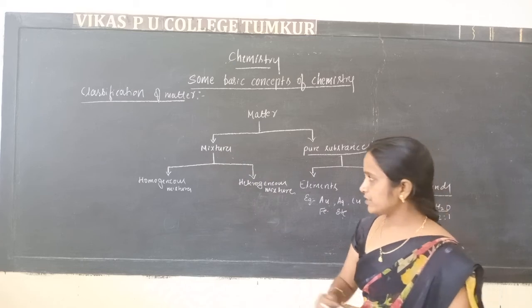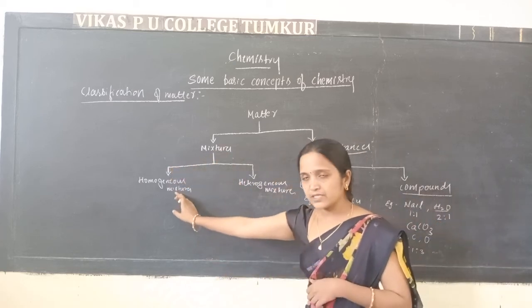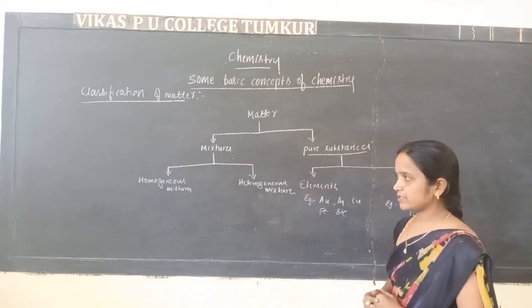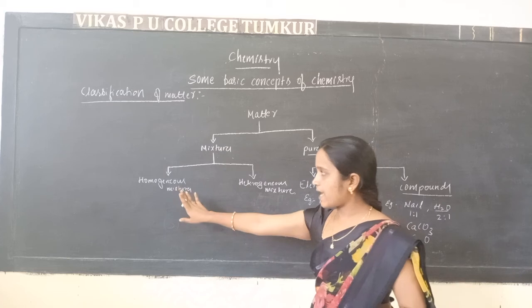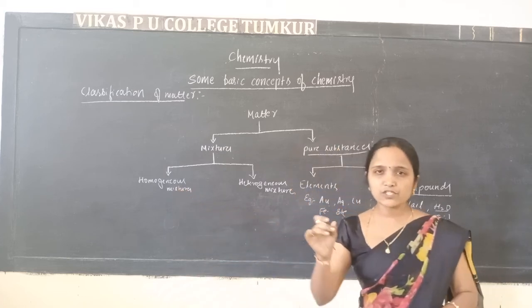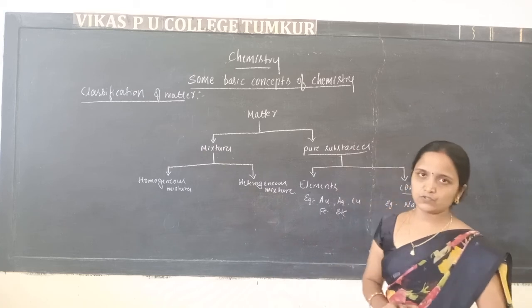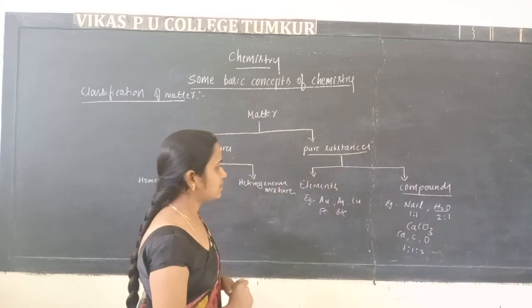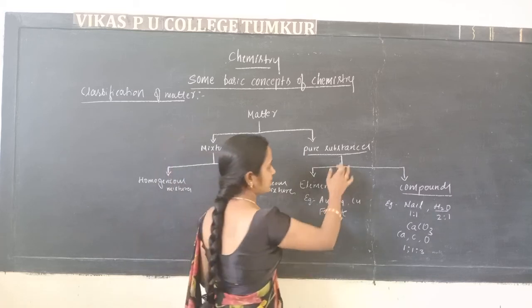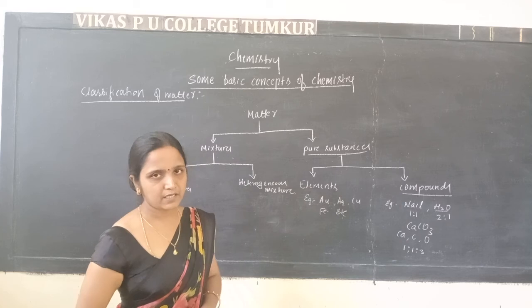The mixtures are again classified into 2 types: homogeneous mixtures and heterogeneous mixtures. The mixture which forms a single phase, we call homogeneous. A mixture which forms 2 or more phases, we call a heterogeneous mixture. Then come the pure substances, again classified into two types: elements and compounds.